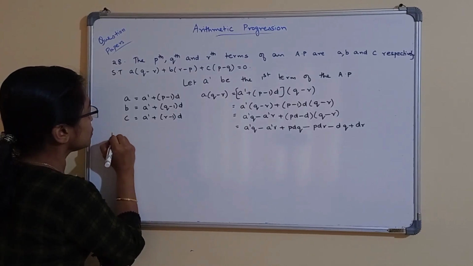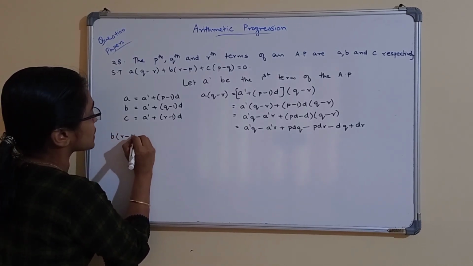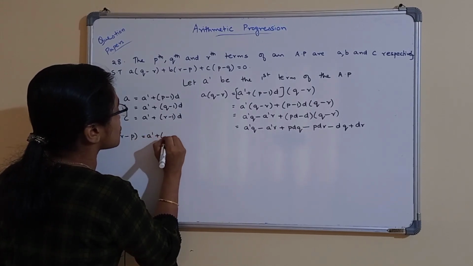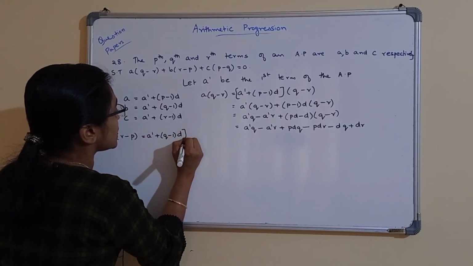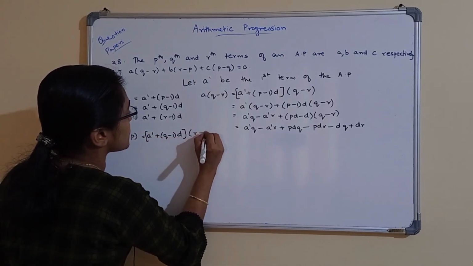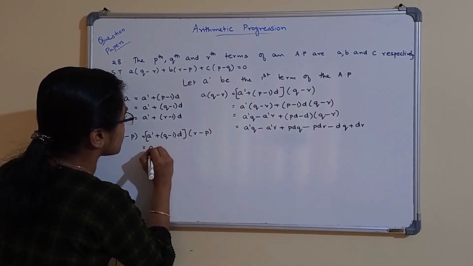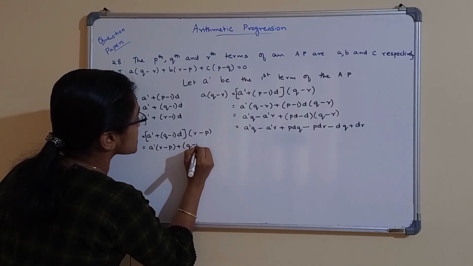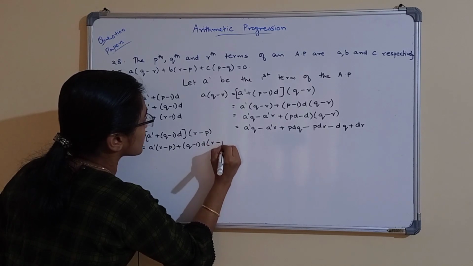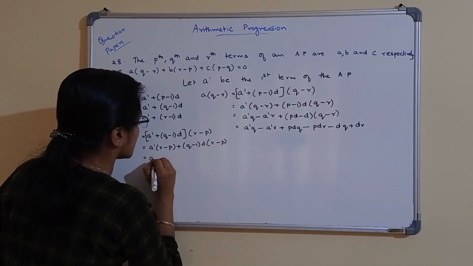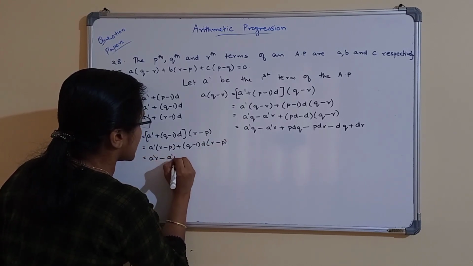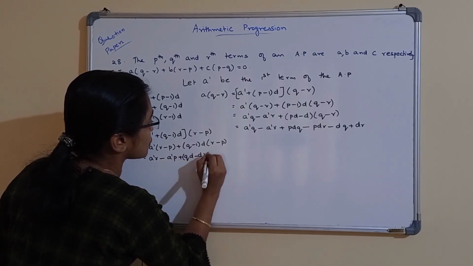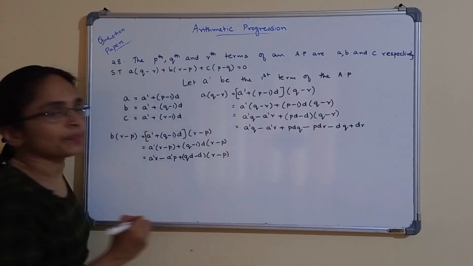Now b(r - p). What is b(r - p)? It is (a' + (q - 1)d)(r - p), which is equal to a'(r - p) + (q - 1)d(r - p), and that is equal to a'r - a'p + (qd - d)(r - p).